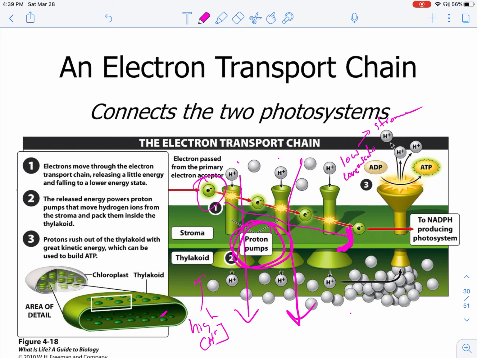And so what we've done by doing that, or what these photosynthetic organisms have done by doing that, is build up potential energy. Remember, we talked about that last semester in the form of a concentration gradient. So they formed a proton concentration gradient across the membrane of the thylakoid, right, using the energy of these electrons.